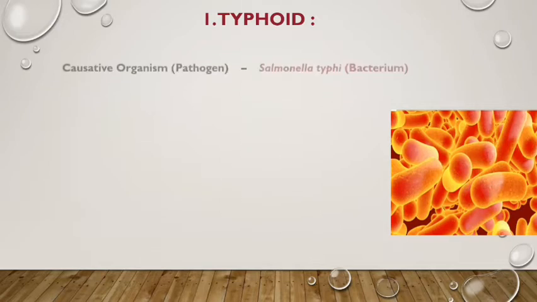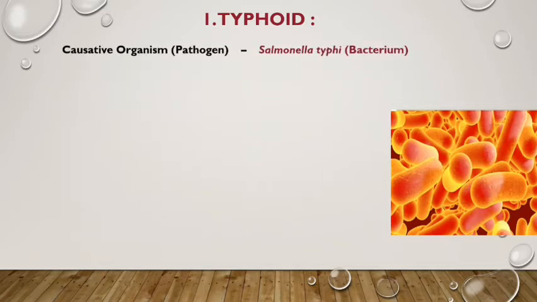Clear? So my dear student, causative organism, or we can say pathogen. Pathogen means the organism that is causing the disease. The one who is responsible for the disease is known as the pathogen. Typhoid is a common disease and the causative organism for typhoid is a bacterium named Salmonella typhi.